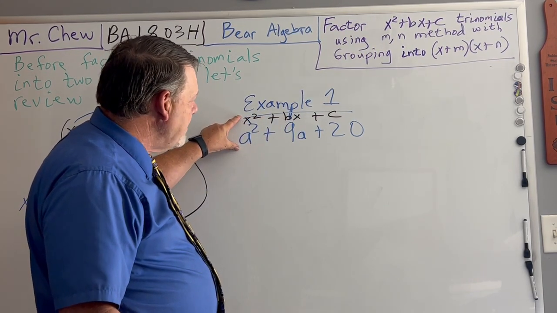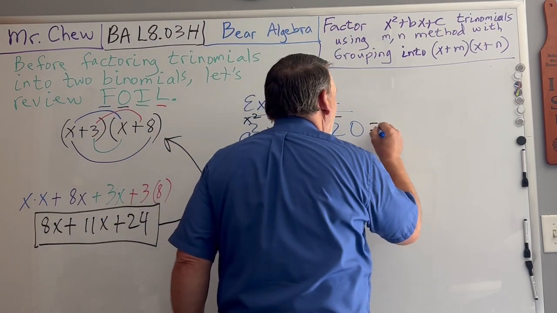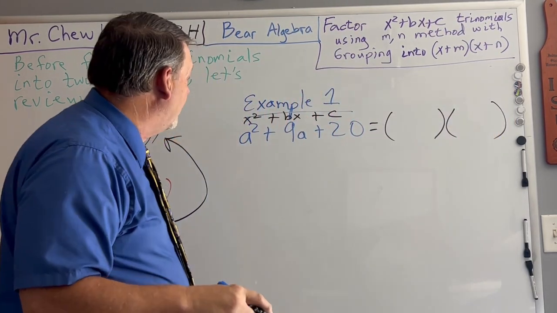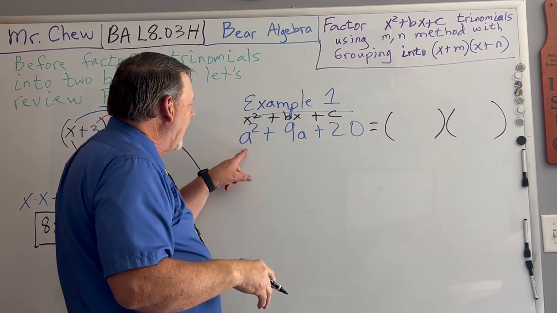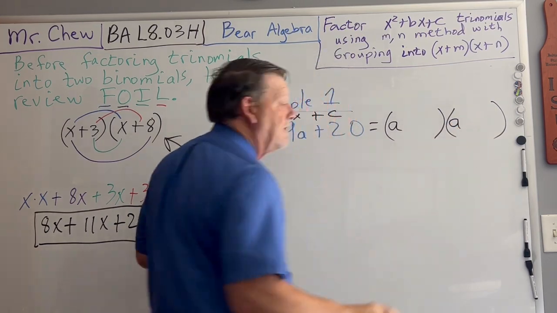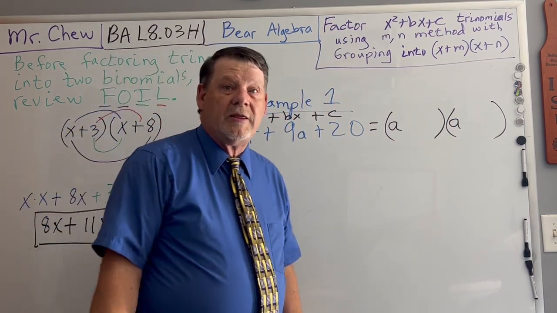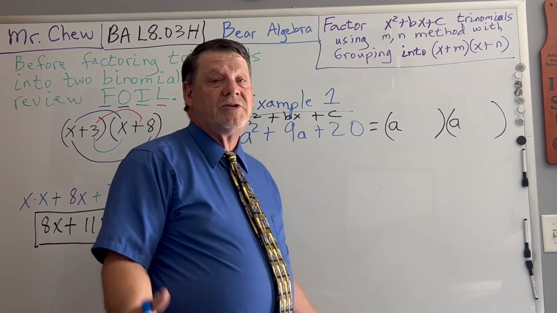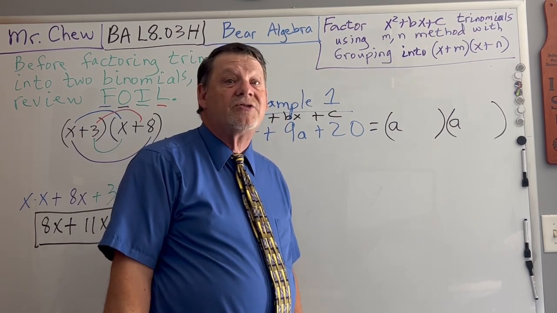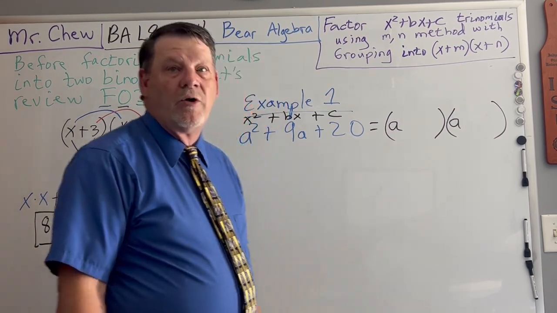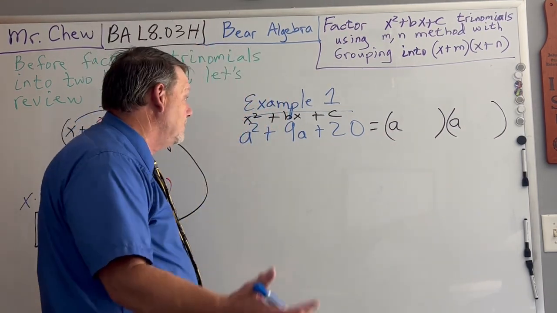And so I know this is going to give me two binomials. And the only way I can get an a squared reversing FOIL was just to have a's here. And when I was learning algebra, I wasn't taught the way I'm going to teach you. I just had to start guessing: well, what two numbers go here? And then I had to reverse FOIL to see if that really was the answer.